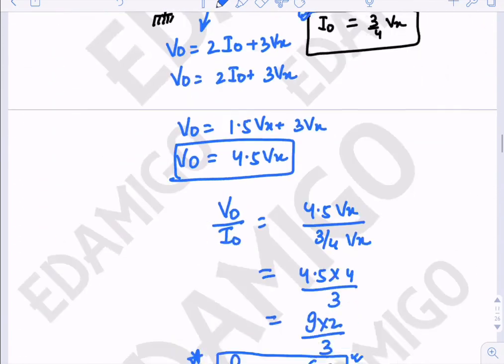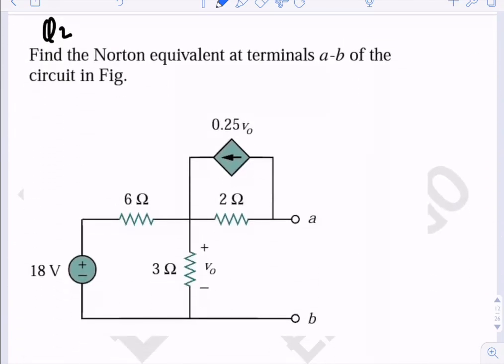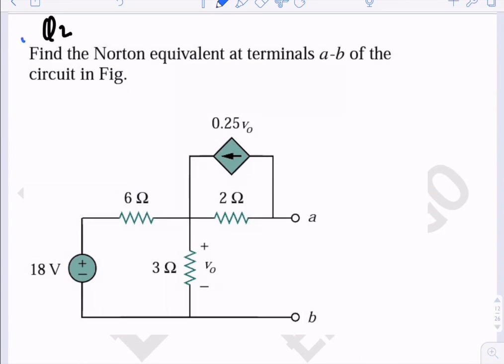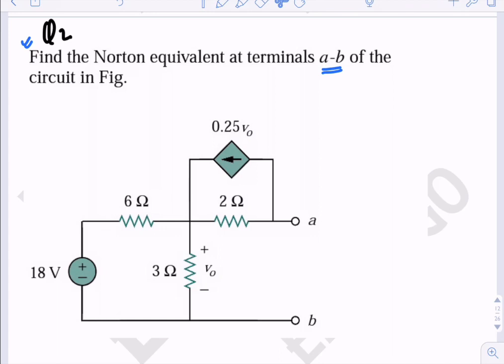Now let's move on to the next question. Here we have to find out the Norton equivalent between terminals A and B of the circuit. Now let's solve this question number 2.